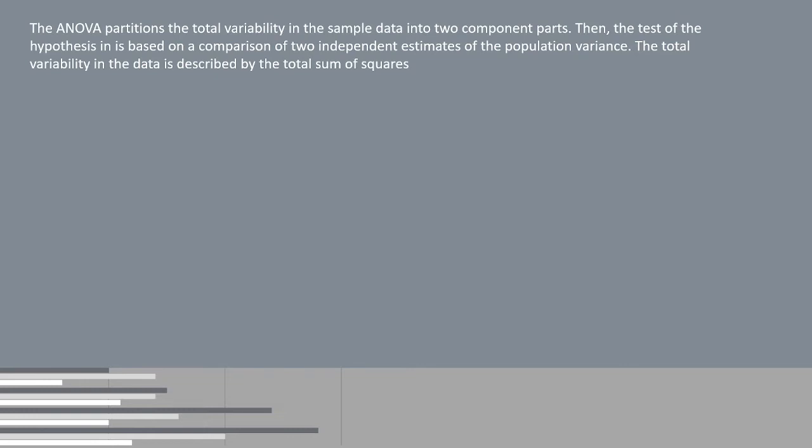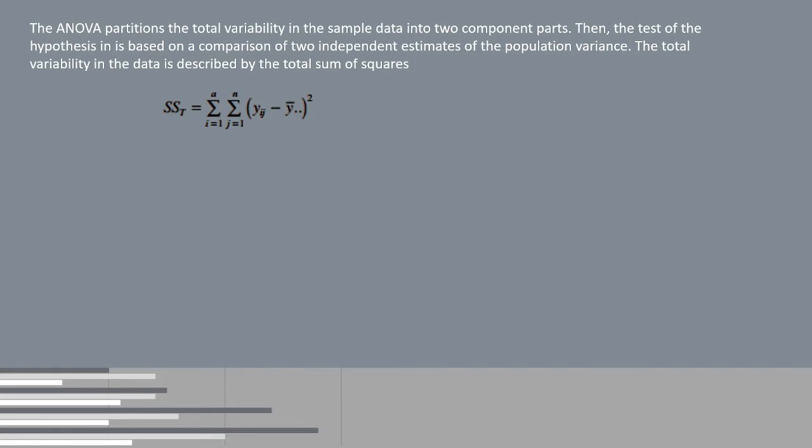The test of the hypothesis is based on a comparison of two independent estimates of the population variance. The total variability in the data is described by the total sum of squares, which means ito ang magiging buong equation dahil dun sa mga naunang equation, which is sum of square T.